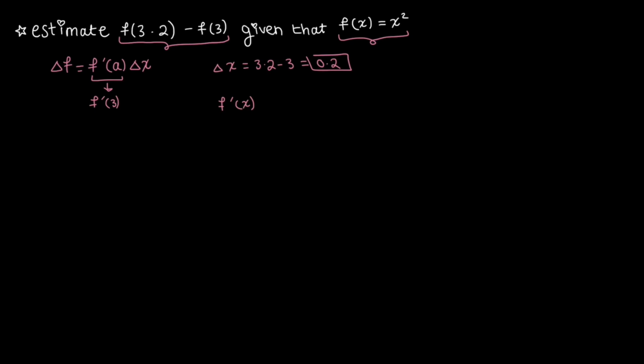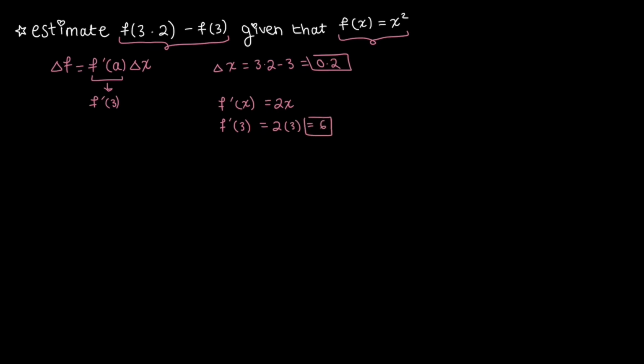So f prime of x is 2x, and we get that using the power rule. So we multiply by the power, and then we subtract one from the power. So it gives us 2x. And now we want to look specifically for f prime of 3, so we just substitute that into the equation. So 2 times 3 is equal to 6.